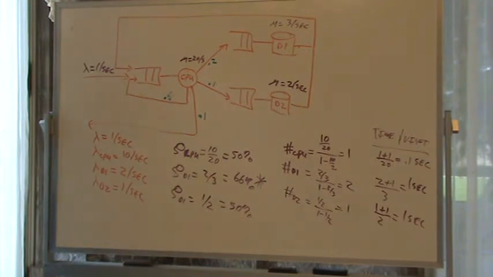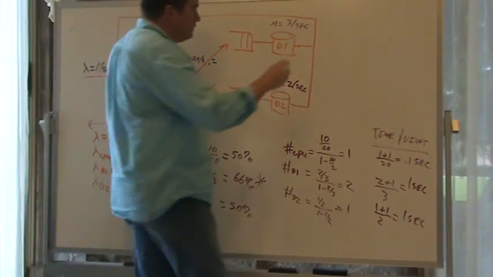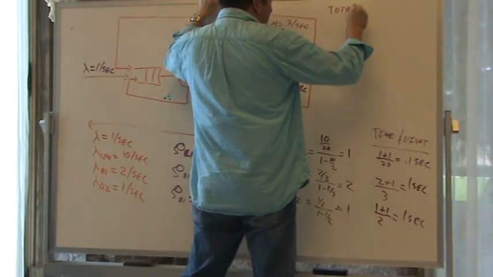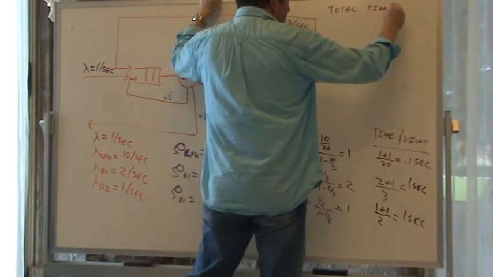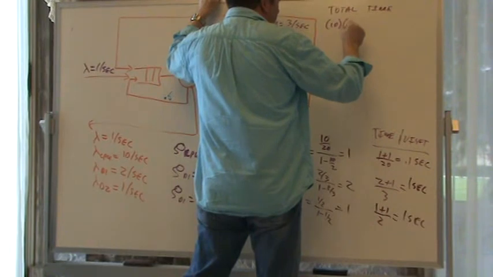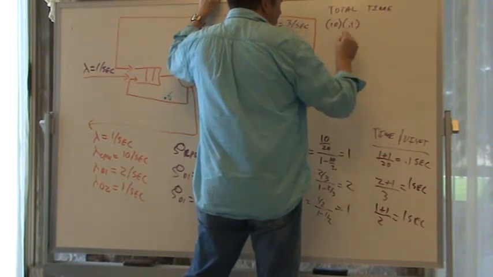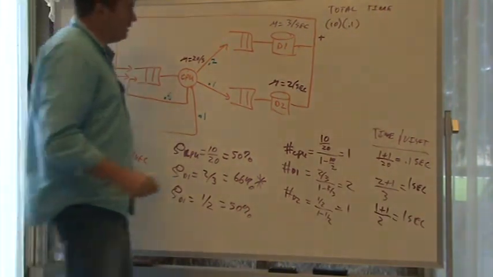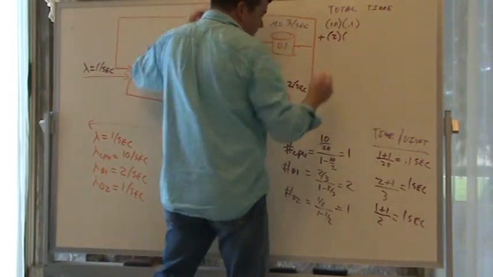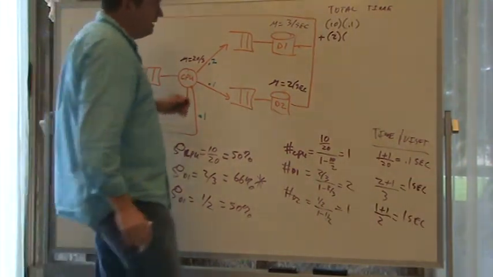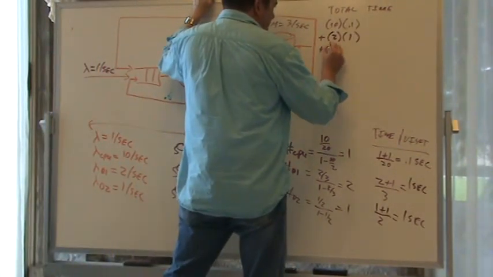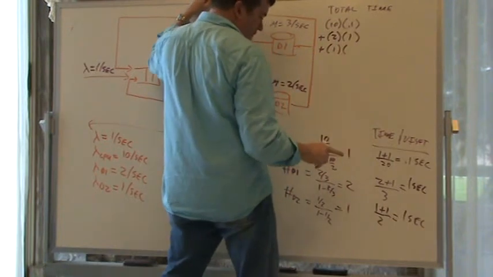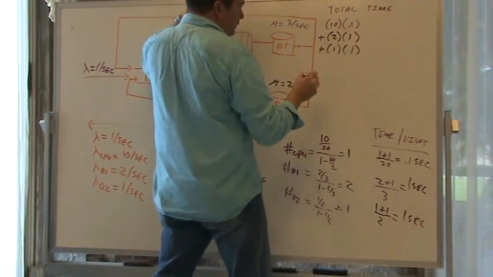So if we wanted to add it all up, what do we got? 10 visits to the CPU, so total time is 10 visits to the CPU, each taking 1/10 of a second, plus 2 visits to this one, each taking 1 second each, plus 1 visit on average to this one, each visit taking 1 second each.